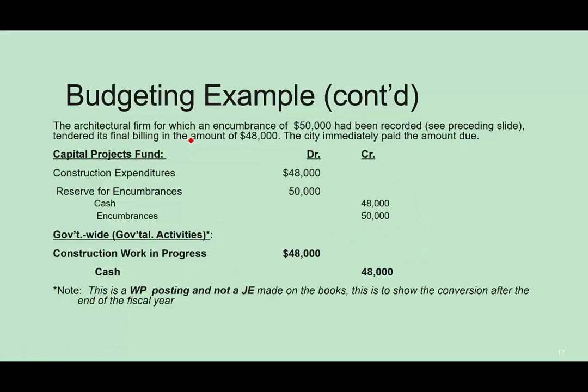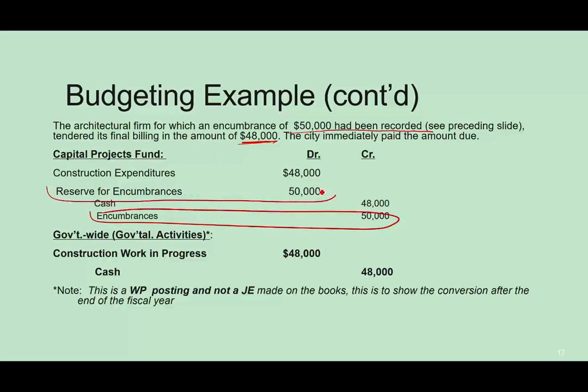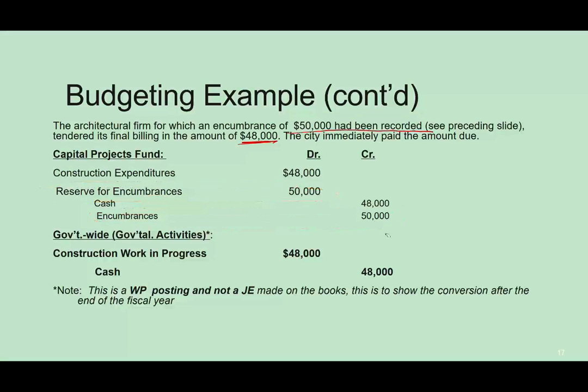Now, the architect firm, for which an encumbrance of 50,000 has been recorded, tendered its final billing in the amount of 48,000. So they said it's going to cost you 48,000 for us to draft the architect design. The city immediately paid the amount. Therefore, what we do first, we have to reverse the encumbrance, to remove the encumbrance.